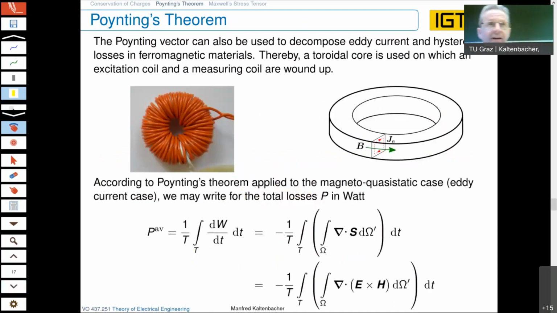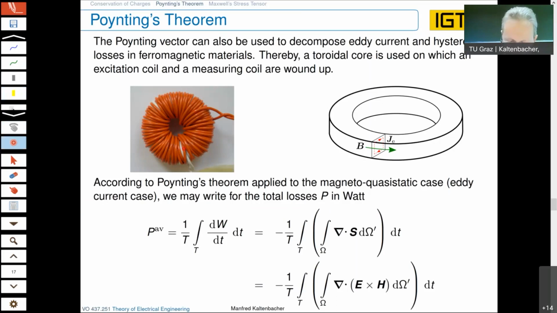Okay, so this is a demonstration that it is not only interesting in any networks we are analyzing and perhaps even at high frequencies, where this additional part which comes in due to Poynting's vector going through the surface of the volume we are considering, but it is also interesting for a standard investigation we do for ferromagnetic materials. So in this case, what you see here is nothing else.